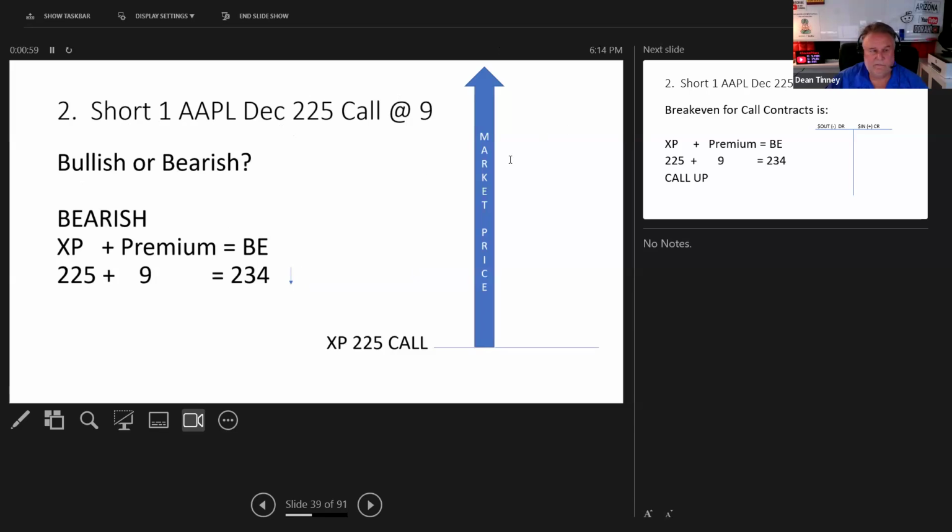And let me just get this done. I apologize. My screen is messing up here. I'm going to close this thing completely so I can get us back to where we need to be. Just give me a second.